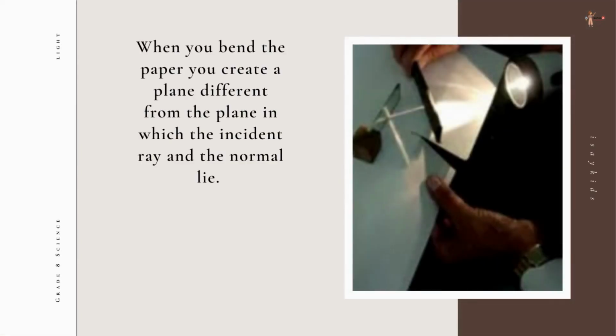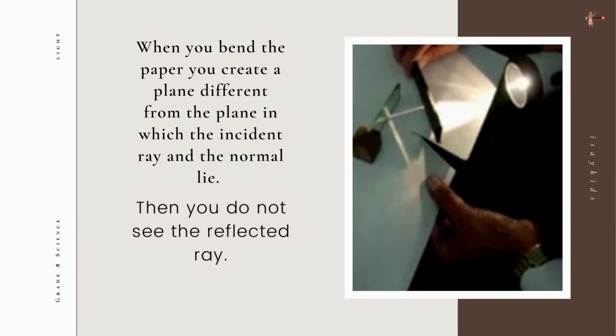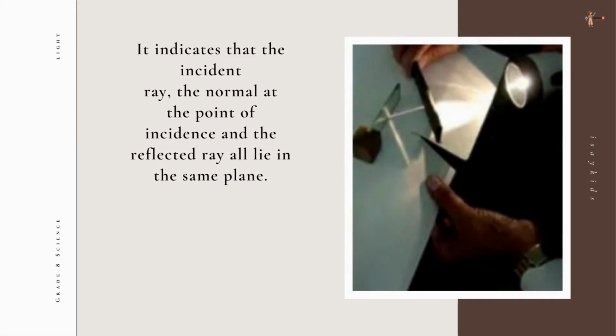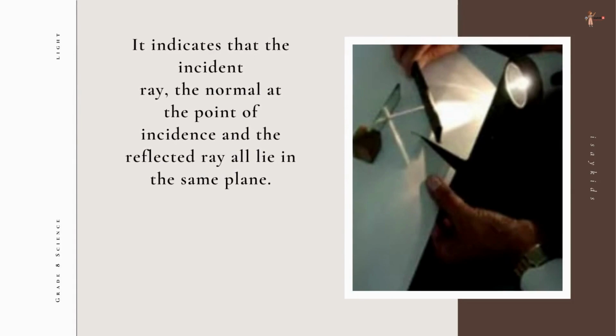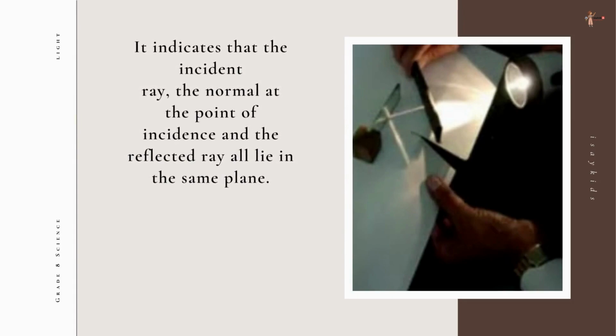When you bend the paper, you create a different plane from the plane in which the incident ray and the normal lie. Then you do not see the reflected ray. What does it indicate? Well, it indicates that the incident ray, the normal at the point of incidence, and the reflected ray all lie in the same plane.